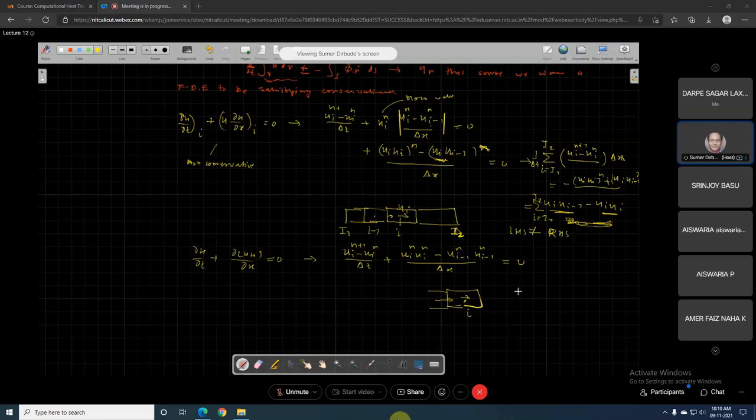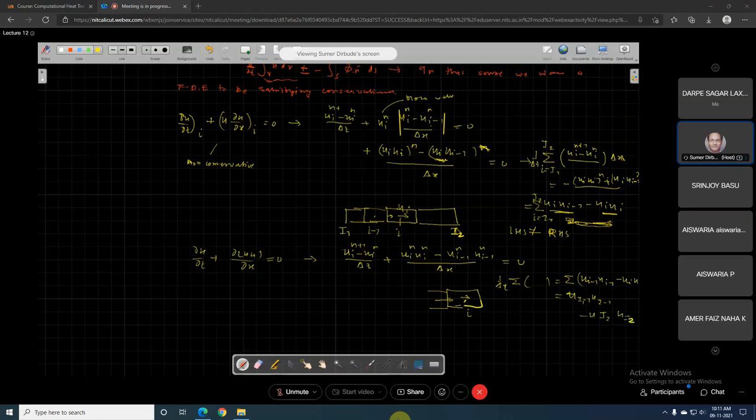However, in this case, if you apply the same method, 1 over delta t, you get a summation of ui minus 1 ui minus 1 minus ui ui, which is nothing but u at I1 minus 1, u I1 minus 1, and u I2, u I2.